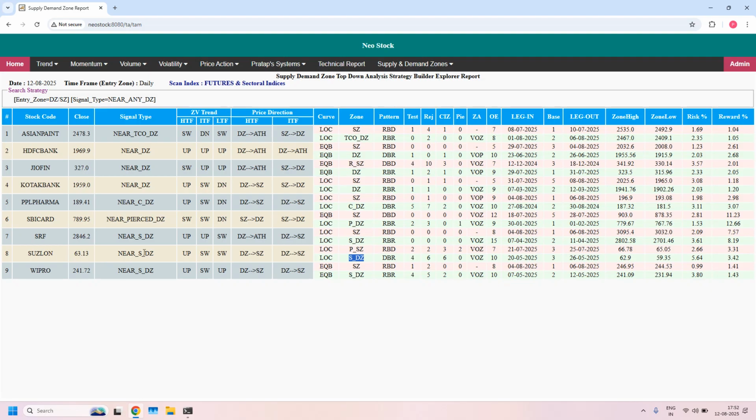And then Suzlon is having a daily high liquidity demand zone. And also Wipro is having a daily high liquidity demand zone. So total 4 high priority daily high liquidity demand zones are identified from this list. And on these 4 zones, you can apply the HLQ zone strategy that you learned in lesson 21.3 video. So this is stocks near daily demand zone.